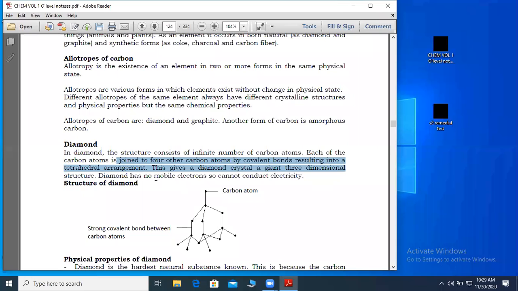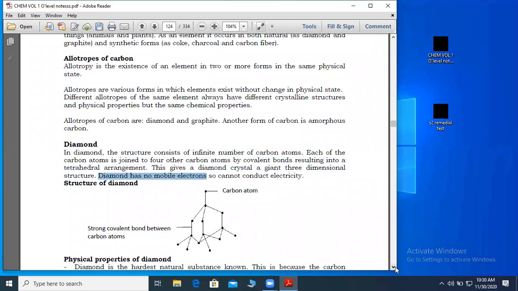Therefore, diamond has no mobile electrons, since all its electrons participate in bonding, and therefore does not conduct electricity.